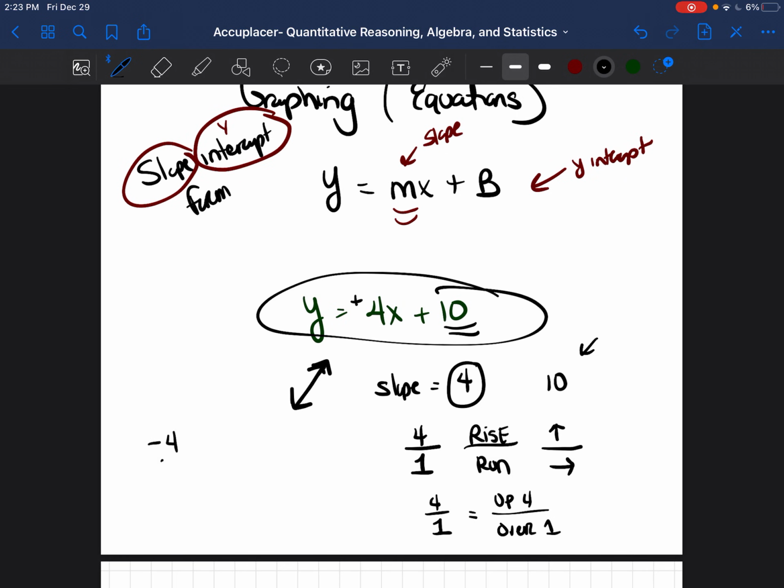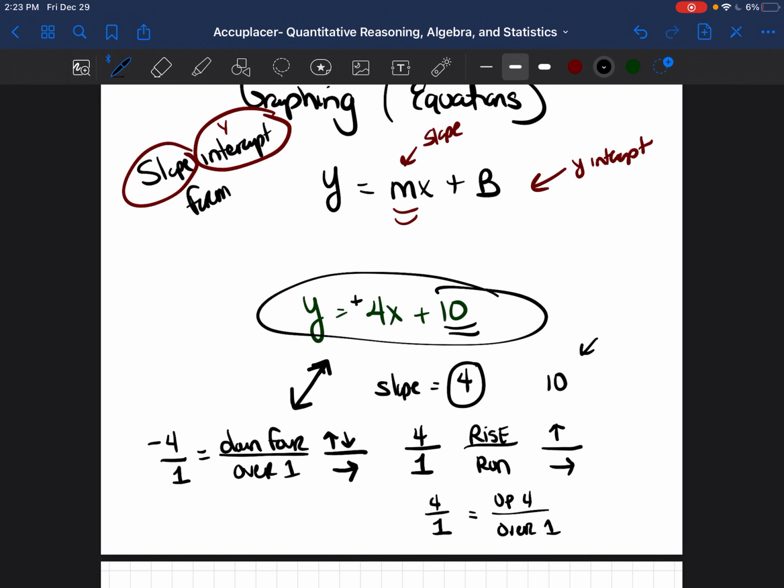If you had negative 4 as a slope, put it over as a fraction, negative 4 over 1, that means you're going to go down 4, and you're going to go over to the right 1. So the reason why I like to write the slope as a fraction is because it can easily tell me, am I going up or am I going down on the top? And you always go to the right on the bottom.